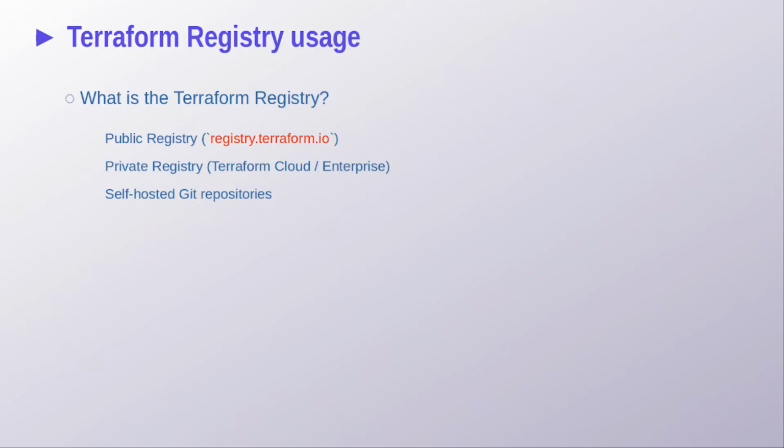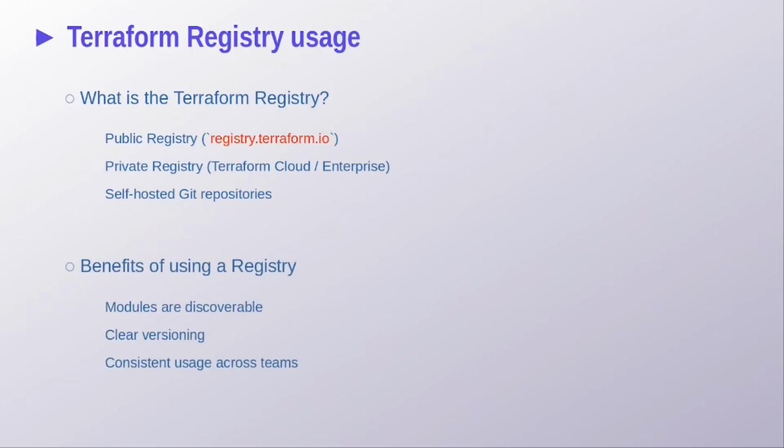Next, the Terraform Cloud private registry. And next, a Git repository. Why do registries matter? They make modules discoverable, versioned, and consistent across teams.